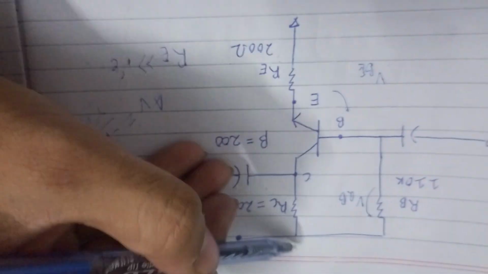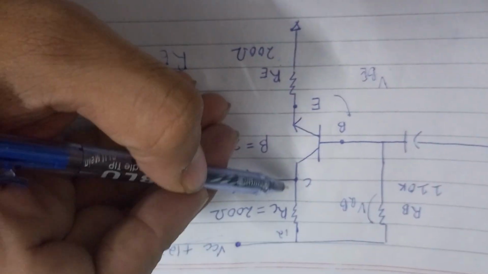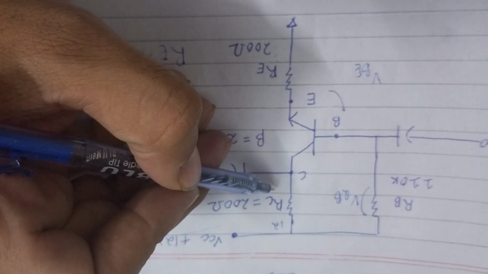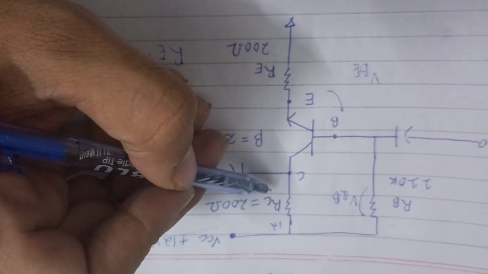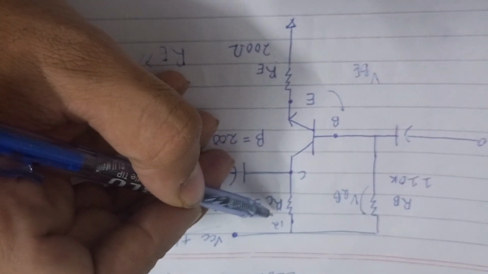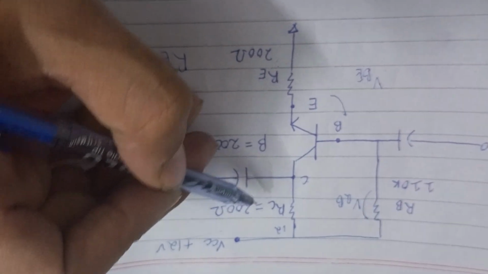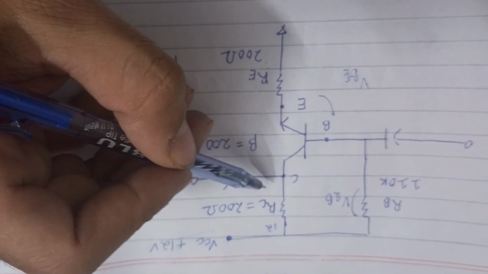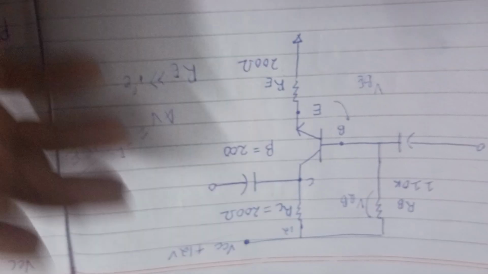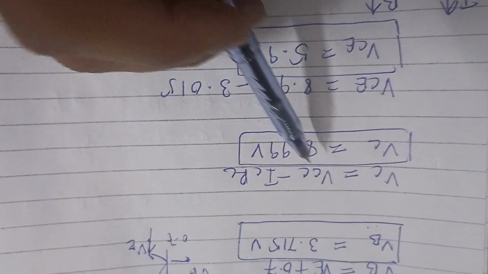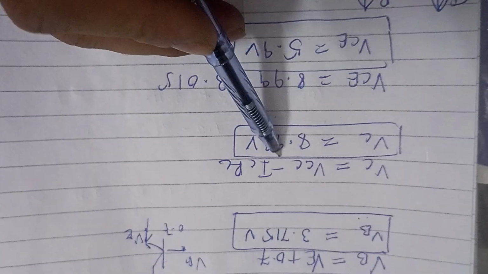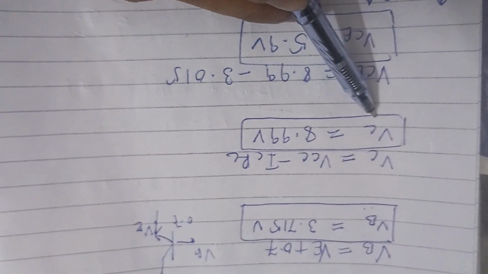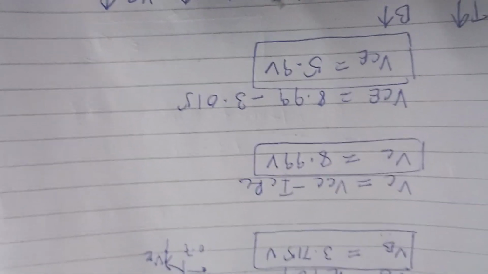To find the collector voltage, we just subtract the drop: 12 volts minus the current flowing through the resistor RC, that is IC times RC, gives the collector voltage.